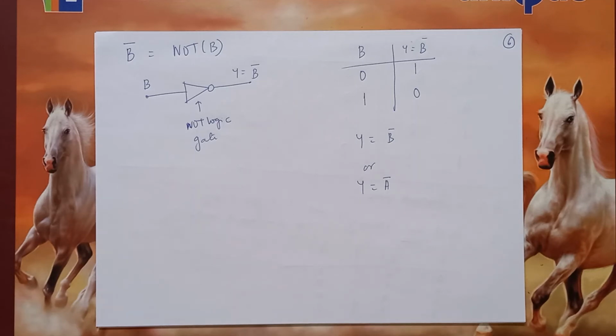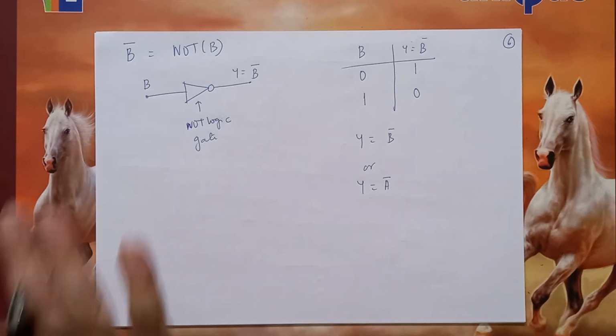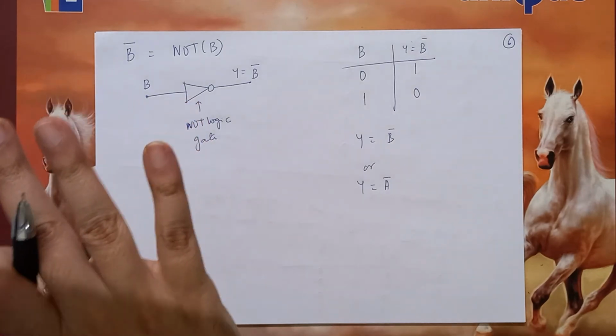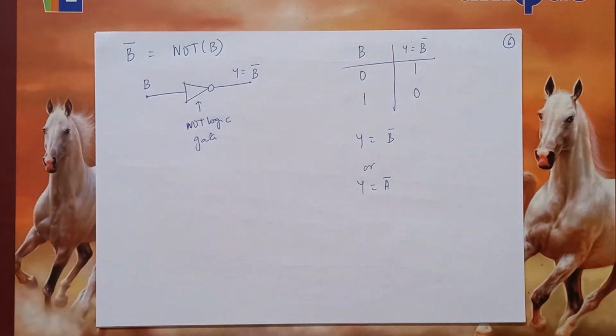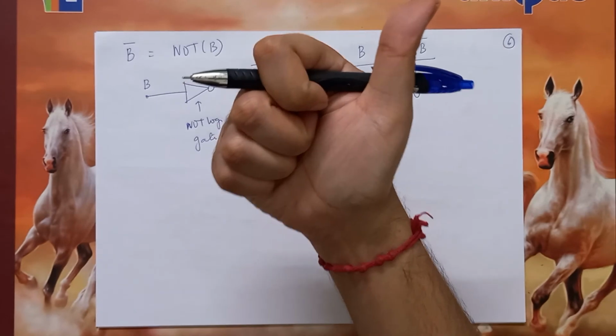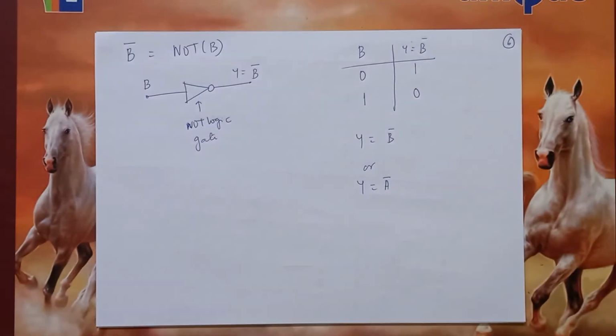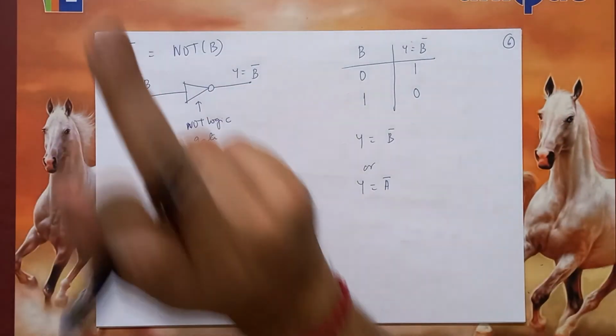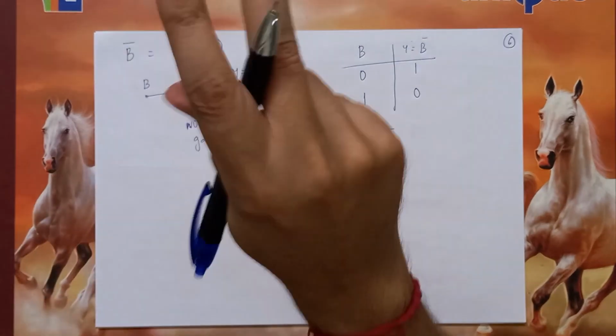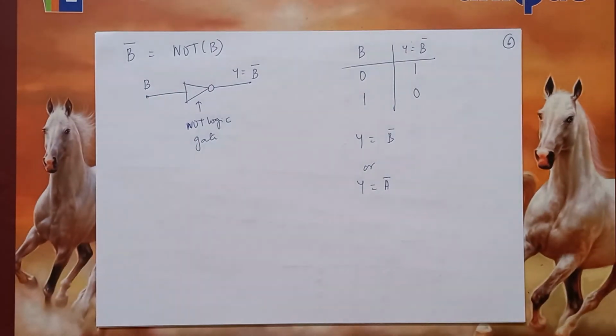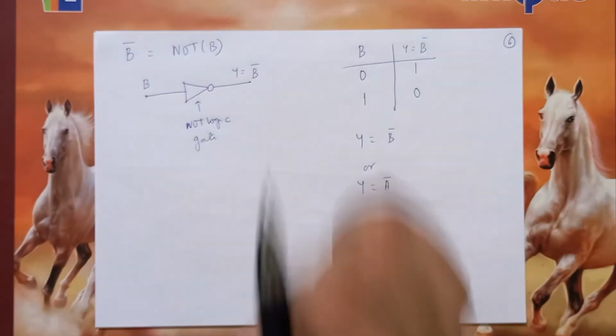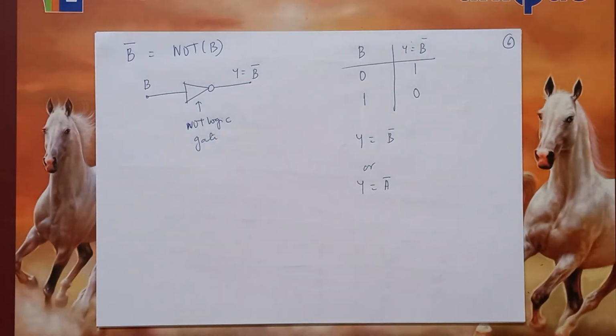So with this, we have seen essentially three kinds of logic functions, what are called the AND, OR and NOT. For AND and OR, you need a minimum of two inputs or a minimum of two conditions. But for NOT, you can only have one input. And all of these gates have one output.